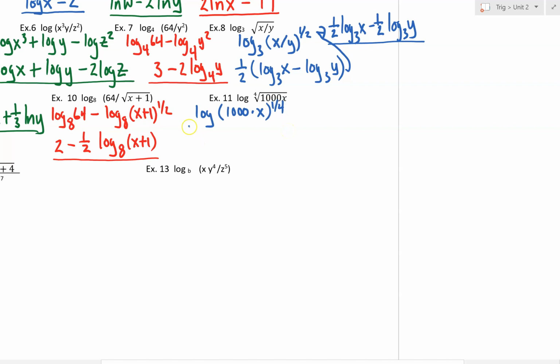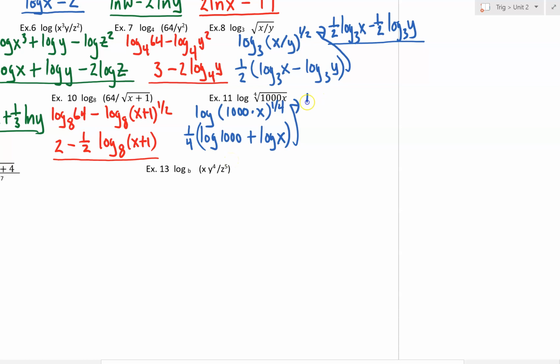That means 1/4. Then we've got to multiply through. This is going to be the log of 1000 plus, parenthesis, because we haven't finished that part off yet, the log of x. And then once I have that answer, I'm going to distribute through. I've got to simplify where I can.